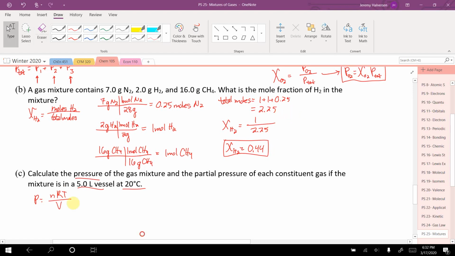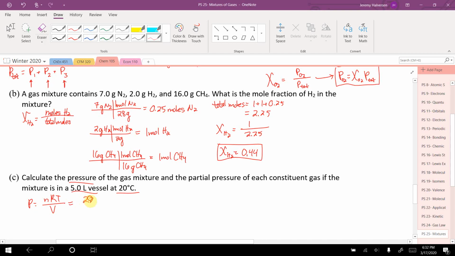So I know P is going to be 2.25 times the ideal gas law constant times temperature divided by volume. And I get 10.8 atmospheres.